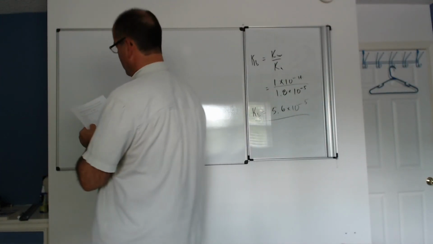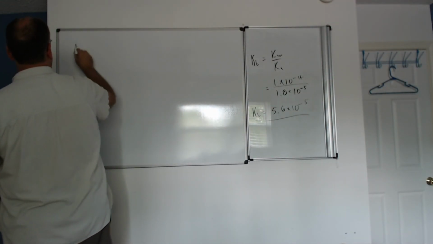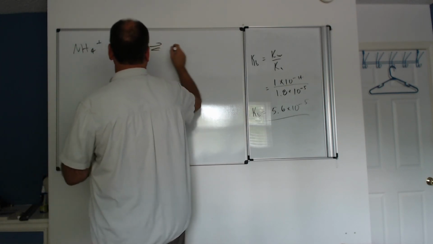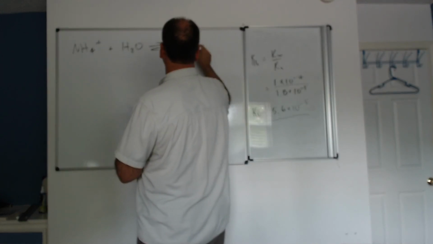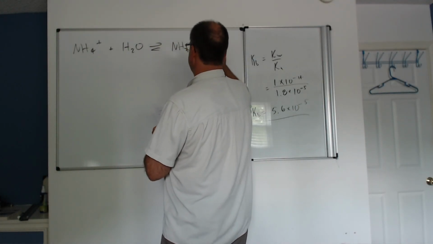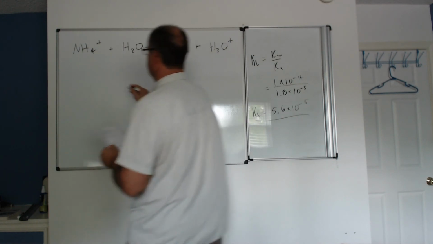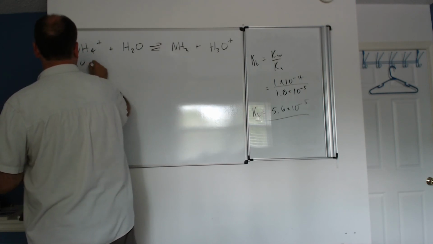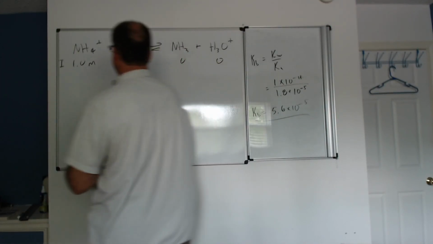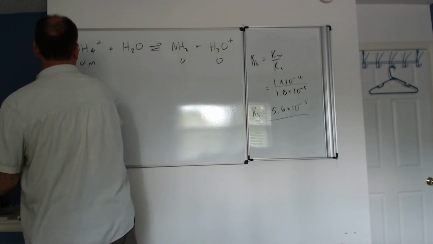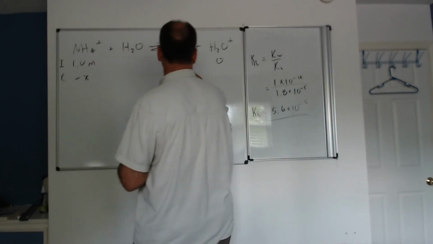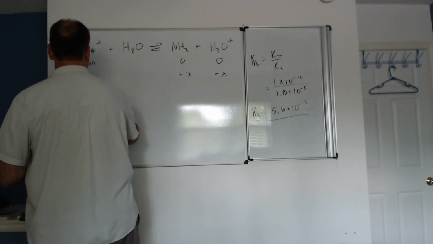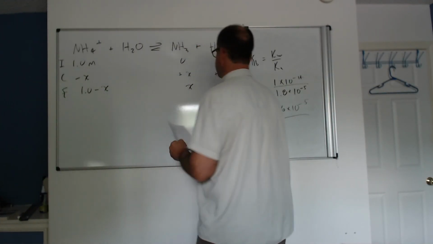So we have NH4+ plus H2O giving NH3 plus H3O+, and if this is 1 molar initially, and this is 0, 0, then we're going to have minus X, plus X. At equilibrium, 1 minus X, X, and X.